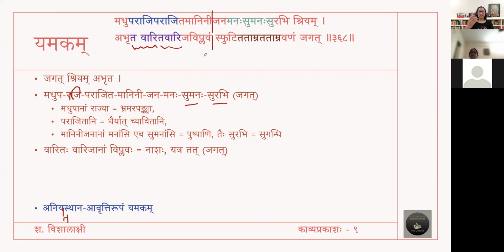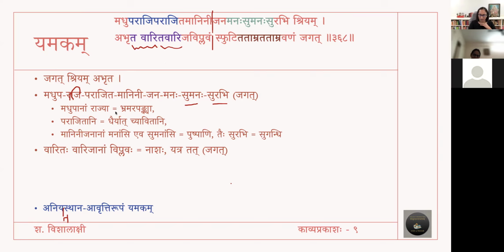Now when Vasanta Ritu comes in, it stops the destruction of lotuses. So, Varijanam Viplavaha Nashaha Varitaha Yatra Yasmin Jagati Tadrisham Jagat. In the world where the lotuses are not destroyed at all, since it is spring season.